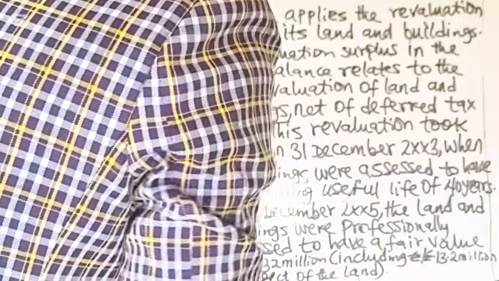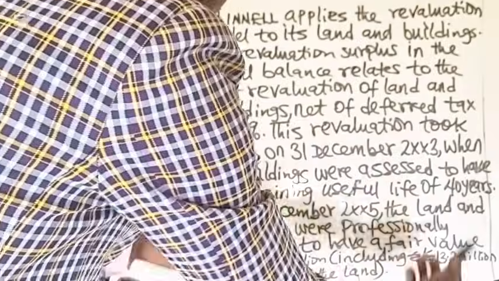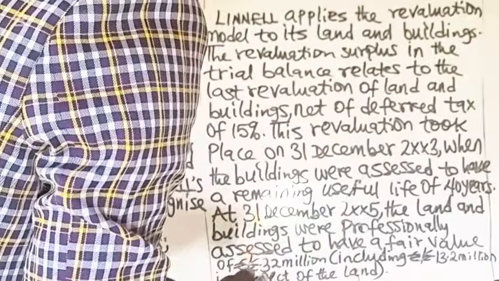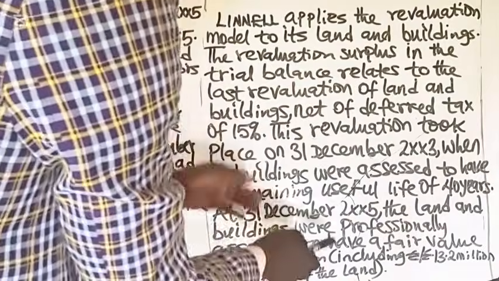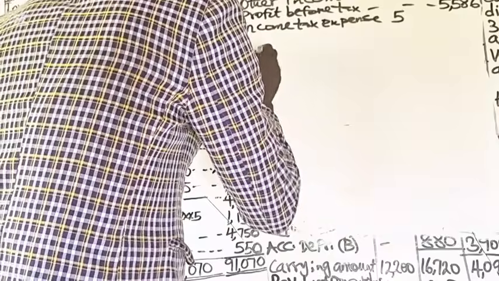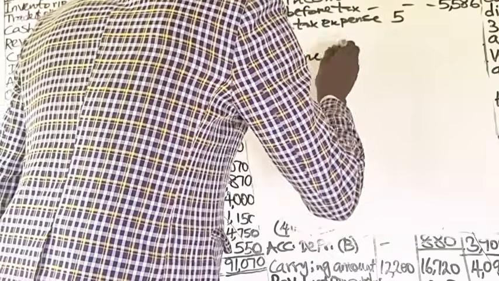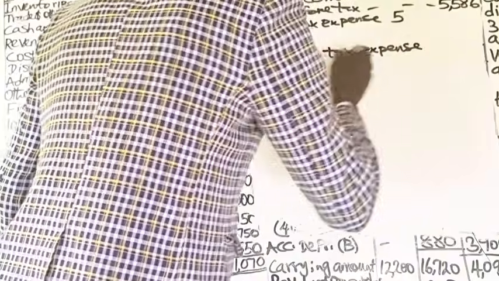Now let's incorporate that in the schedule of PP in order to calculate the amount of revaluation gains or loss that will be used to calculate the revaluation that will be adjusted and the deferred tax that will be adjusted in our subsequent tax computation. Note 5, we have income tax expense.